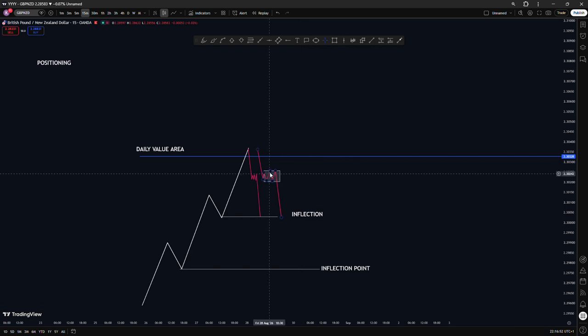Within this 3-touch continuation, this 1, 2, 3, we could manage. I'll show you what I mean by that. If I'm trading a tight flag like this on the 5-minute time frame once price gets to our daily area of value, remember the reason I'm taking this tight flag is because we have an inflection point. It means I could manage my trade.